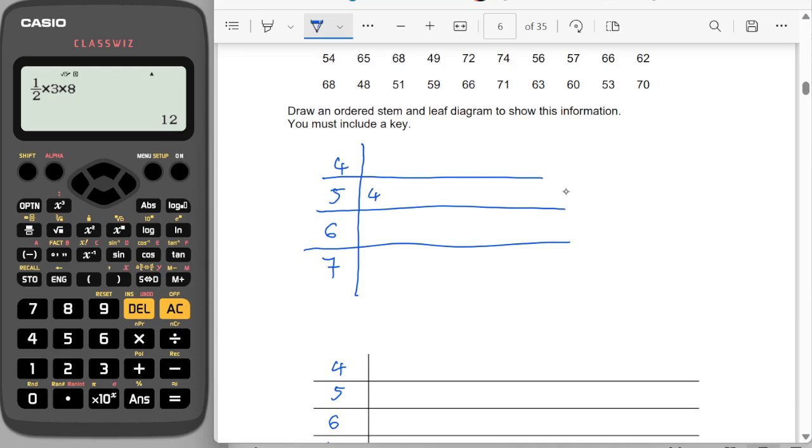Going down, I find quite easy for some reason. 5 and 8. 8 and 1. 9 and 9. 72 and 66. 4 and 1 in the sevens column. 6 and 3. 57 and 60. 66 and 53. And then 62 and 70.